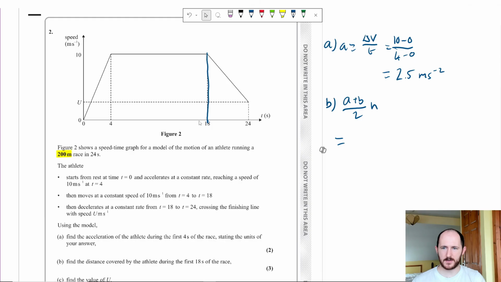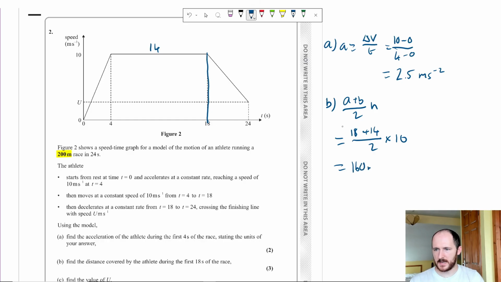That goes from 0 to 18, so a is 18. This goes from 4 to 18, so that length there is 14. Then it's over 2, and then times the height, being the speed in this case, times 10. 14 plus 18 is 32, 16, 160 meters.